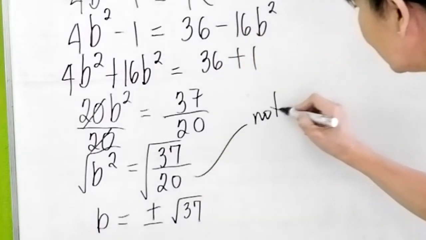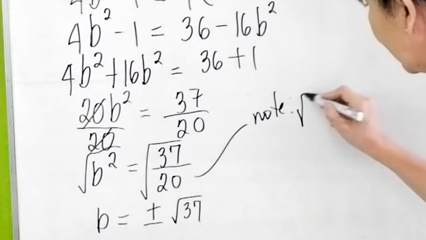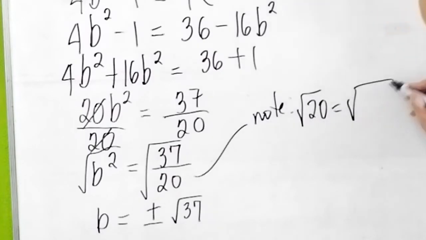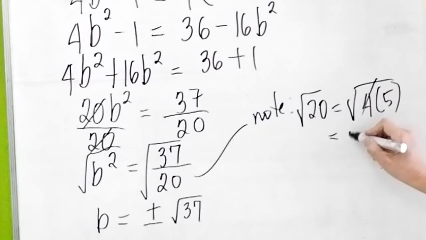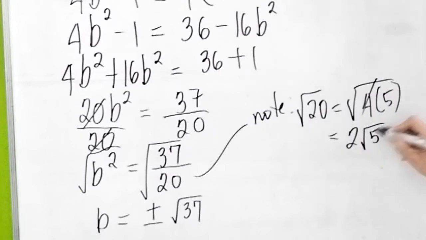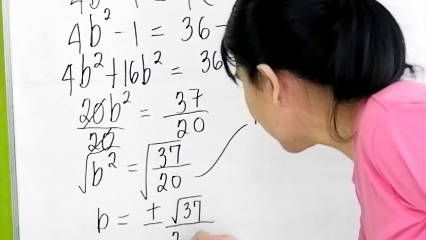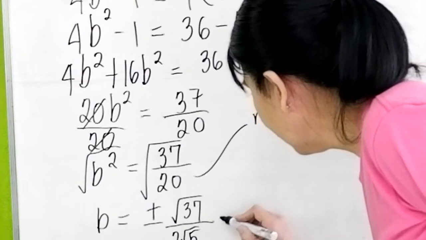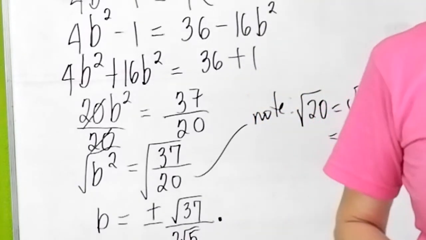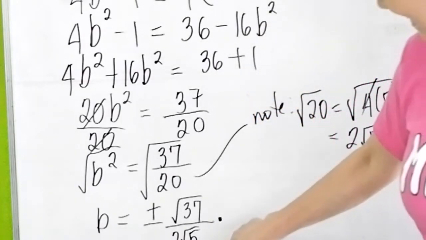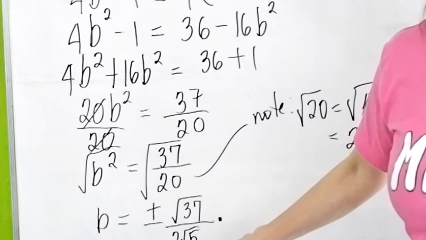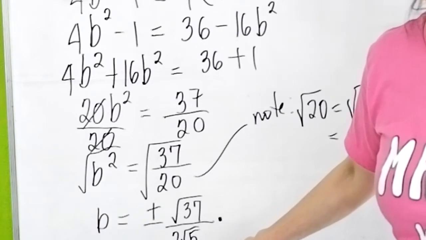Take note that the square root of 20 is just the square root of 4 times 5, which is square root of 4 is 2 times the square root of 5. There. So we have here square root of 37 over 2 square root of 5. But wait, there's more. There's a square root of 5 in the denominator, so this is not yet simplified.